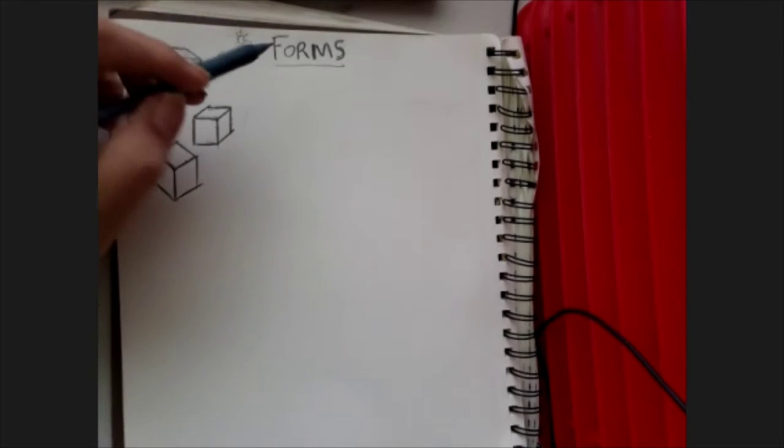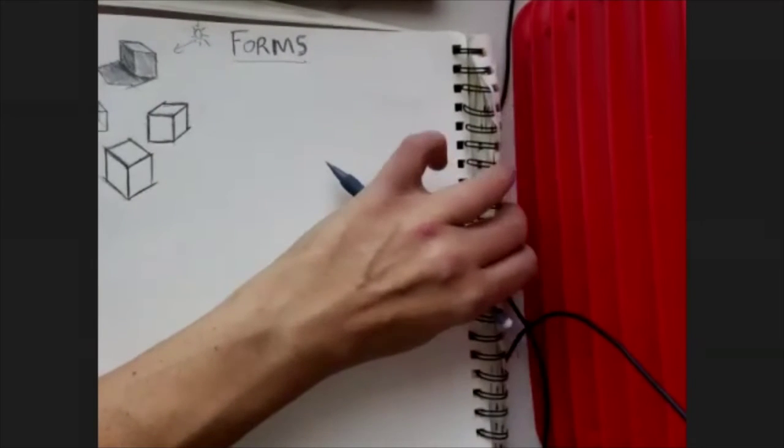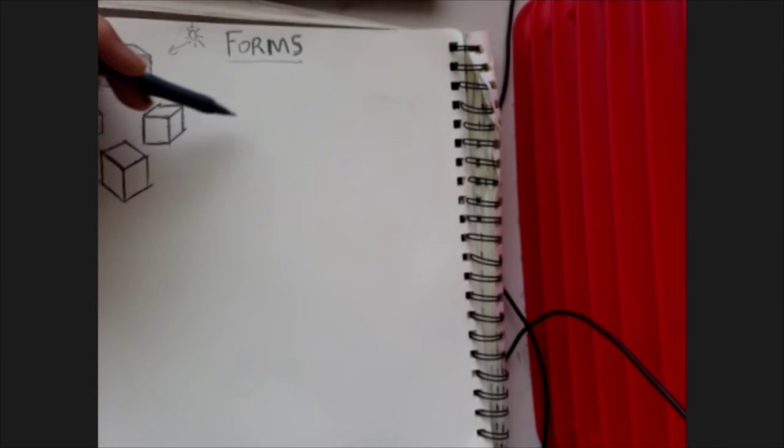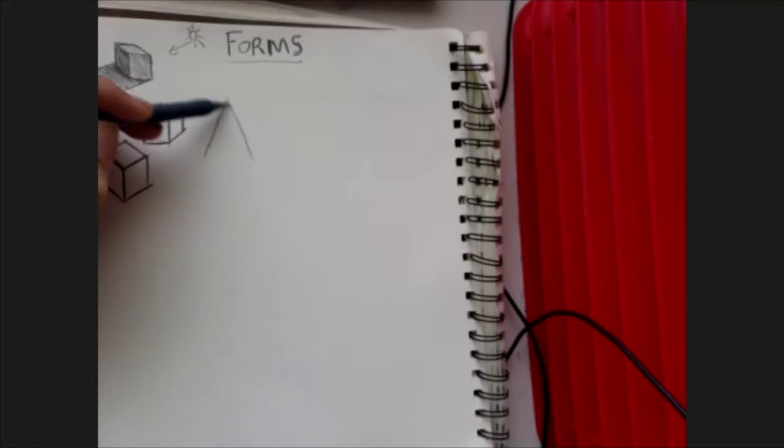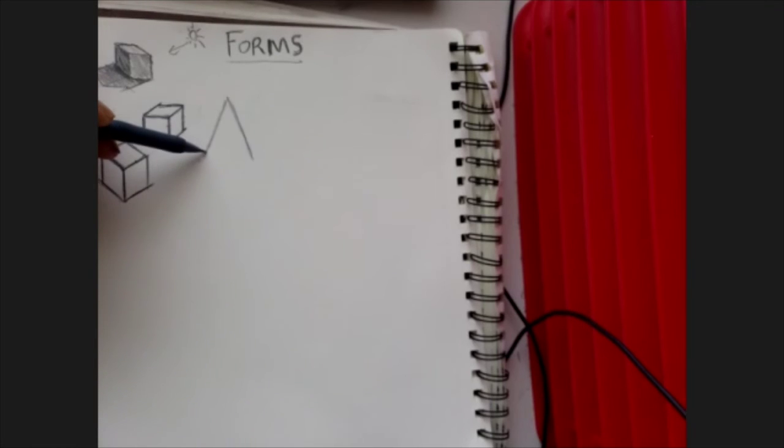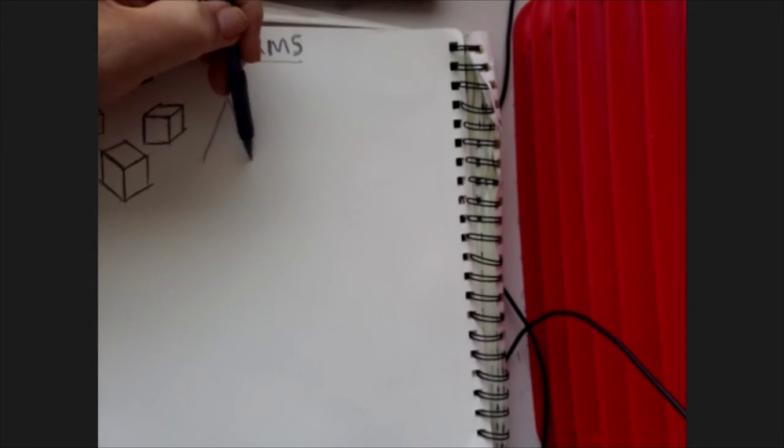The next one we're going to draw is a cone. We're going to use a basic shape. That shape is going to be a triangle. So let's draw a light triangle. The bottom of the cone is curved.